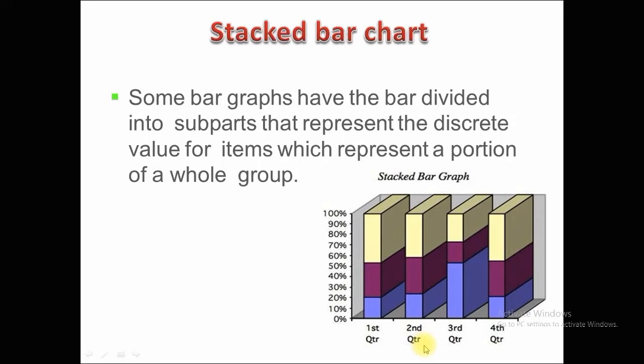So this is the second category, and these are the subparts that represent the discrete value for items which represent a portion of the whole group. Similarly, this is the third category and this is the subpart of this category. So this is the fourth category and this is the subpart of this category.